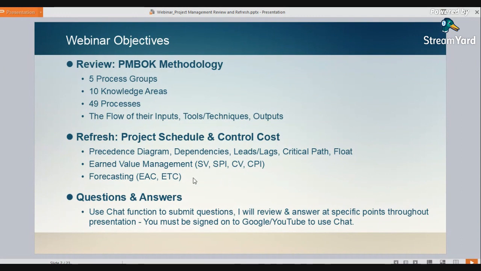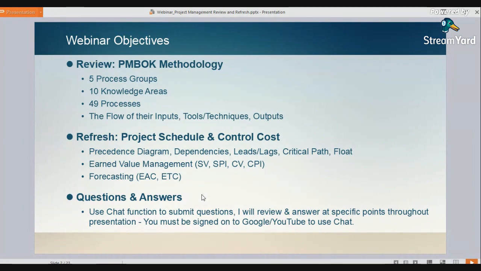And the second half is going to be kind of a refresher on 2 of what I call the tricky logic and math centric aspects of the project management methodology that we covered in our classes, and that being scheduling and controlling costs.